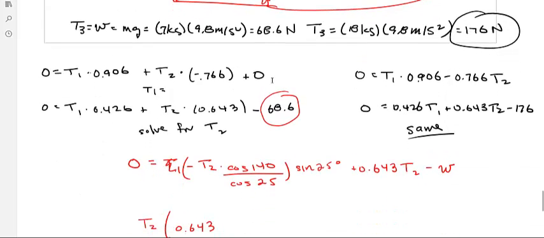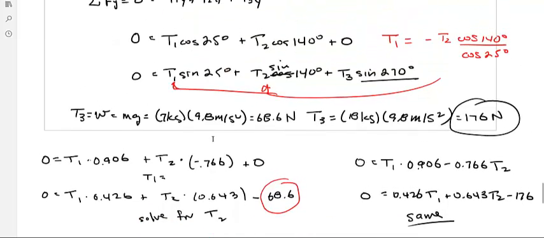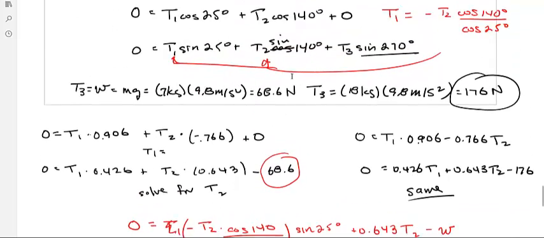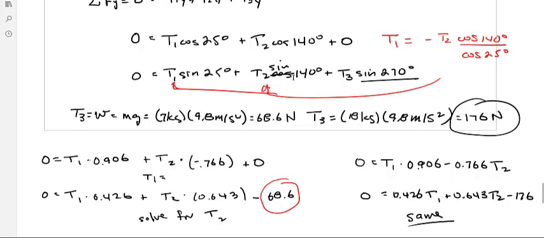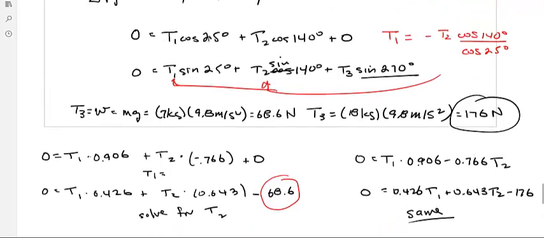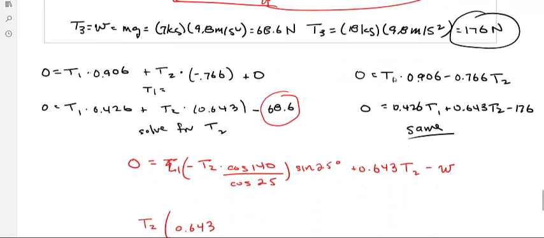Actually, I should have just left it as the sine of, what did I do here? I'm using this one, I should have gone up here. So that one, I did the first part right. I should have used the sine of 140 here just to keep it in terms of sines and cosines.